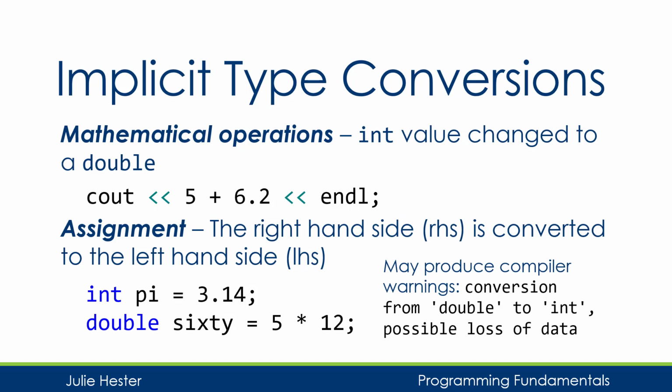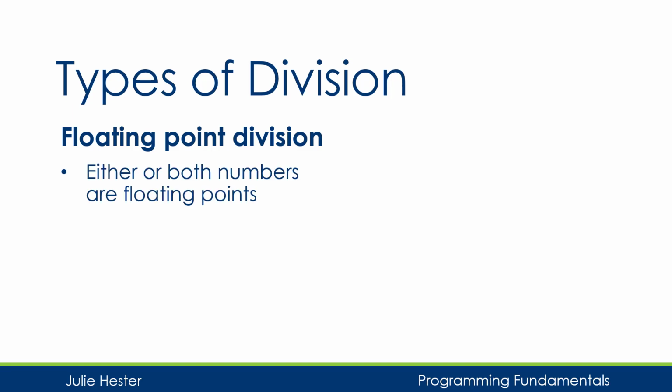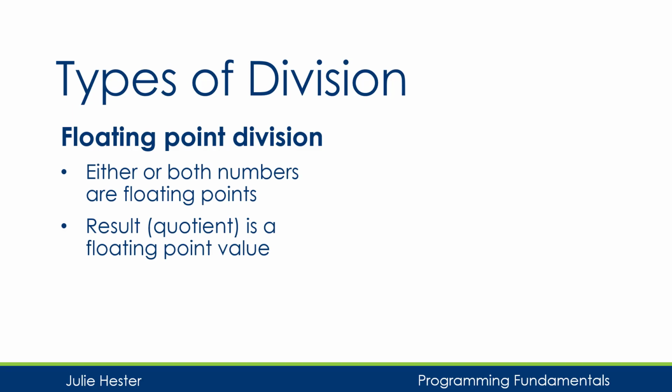And this is something we need to keep in mind when we're working with division. And division is a special case. We have two kinds of division, like two kinds of any other operation. We have the floating point division, where either or both numbers are going to be a floating point value. We'll promote an integer if it's not already a floating point, and then the value of that division will be a floating point value. It's not something that we really think about.